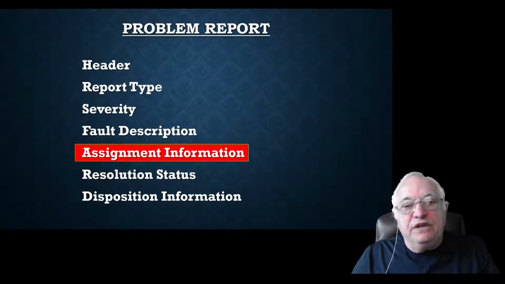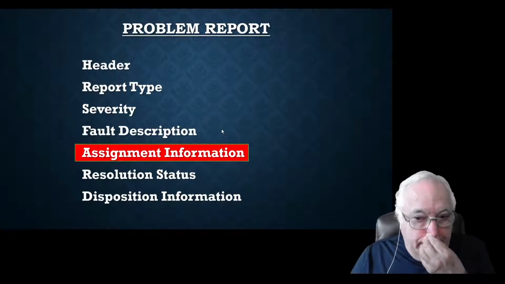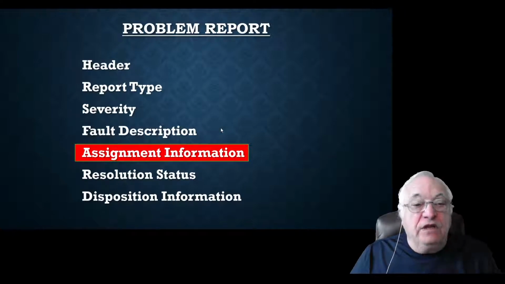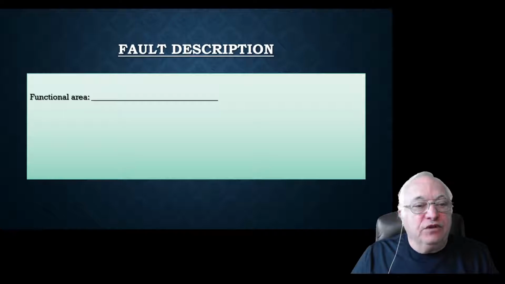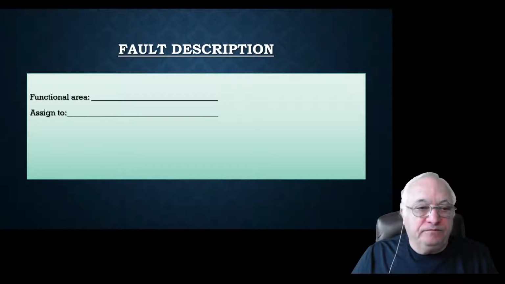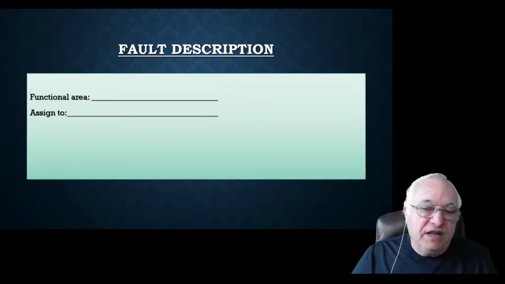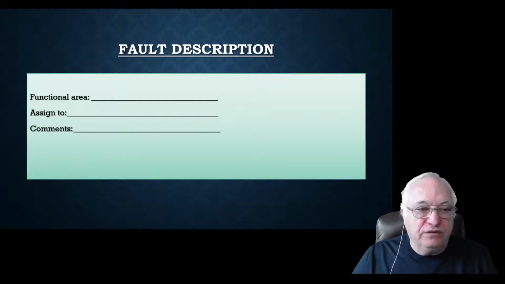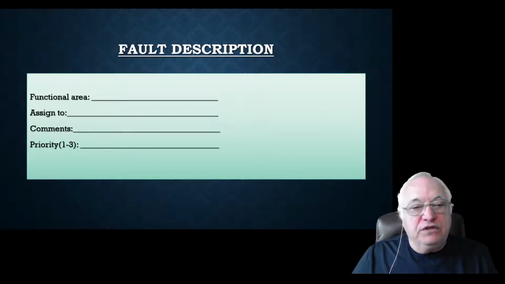Next, assign information. So this problem report has to be assigned to some organization that's going to actually fix it. So we have functional area, the name of a person who is going to be assigned to it, and whatever comments you need.